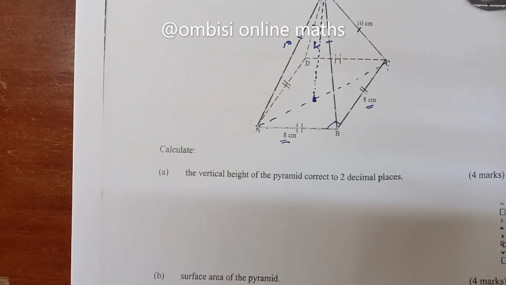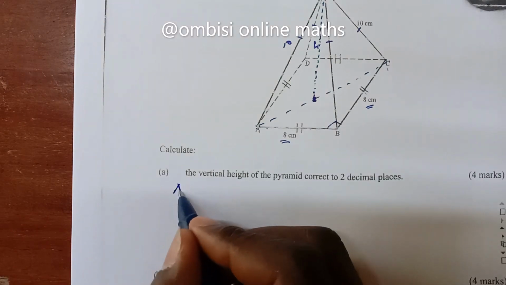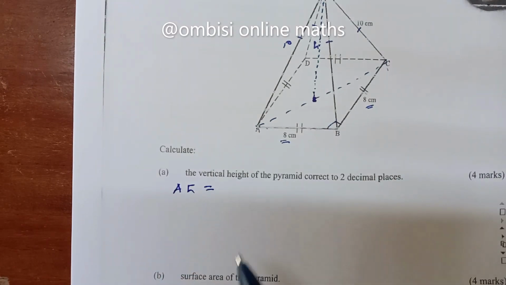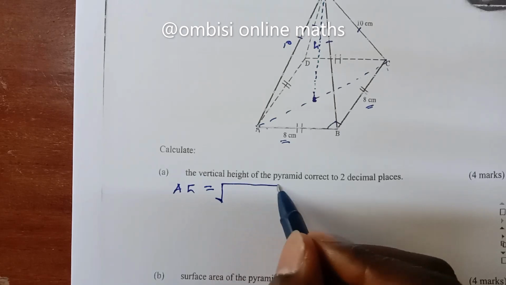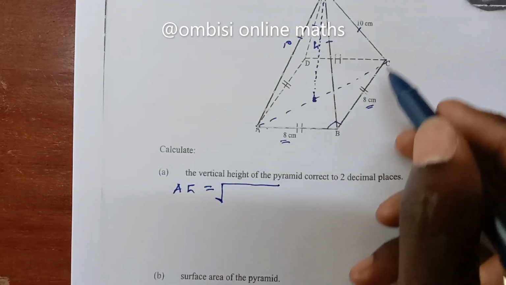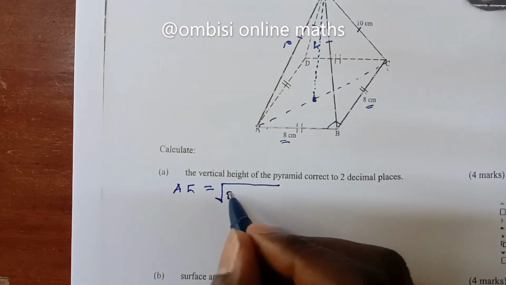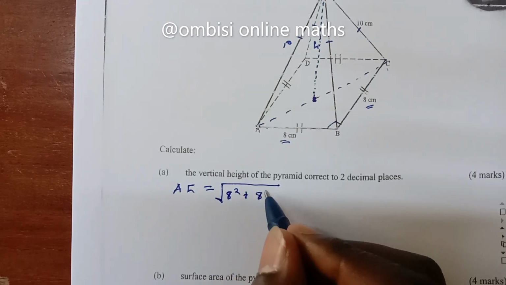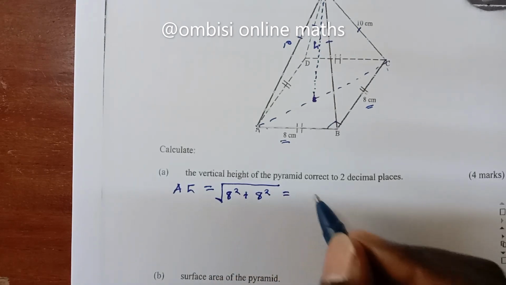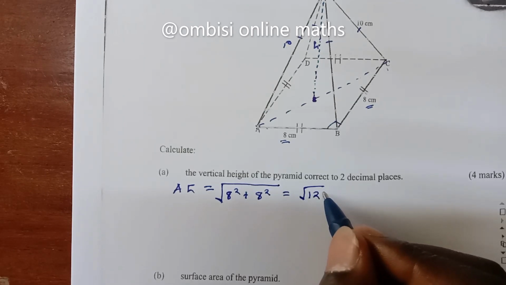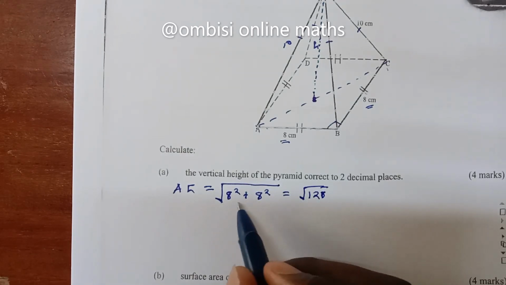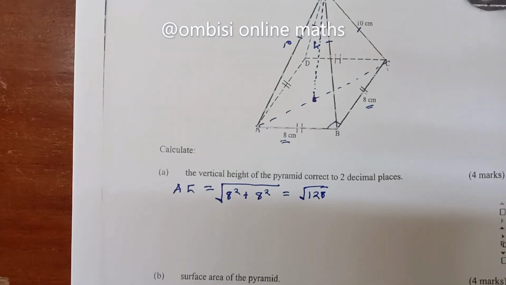Now, for us to find the distance AC using Pythagoras theorem, we are going to take the square root of AB squared plus BC squared. So that is 8 squared plus 8 squared, which means it is the square root of 128, because it is 64 plus 64, which gives us 128.